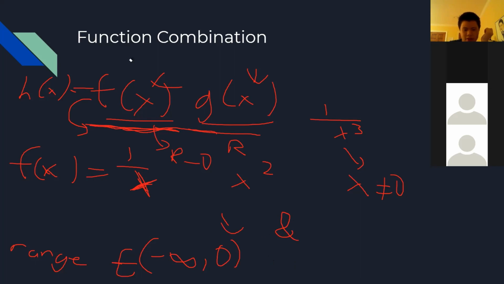That's a better drawing. And 0 to infinity, it can't be 0 on this side either. So when combining functions, you need to look out for ranges and domains, but otherwise it's pretty simple to add, subtract, multiply, or divide them.